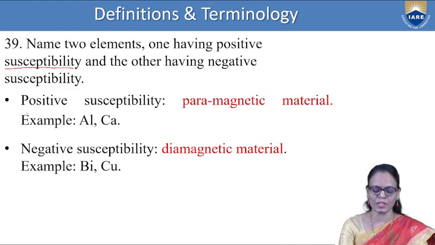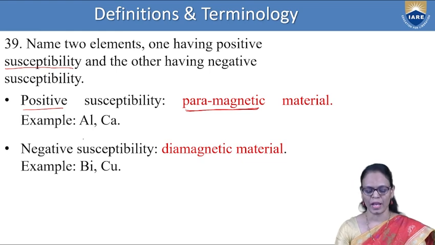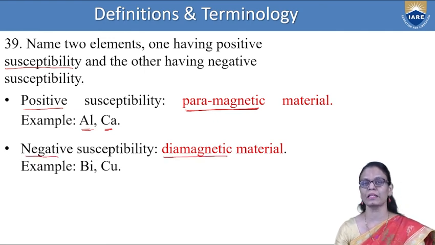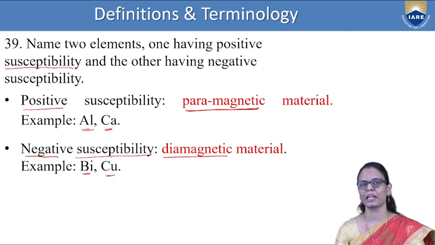Positive susceptibility is for paramagnetic materials which can be magnetized, for example aluminium and calcium. Negative susceptibility is for diamagnetic materials, which cannot be magnetized, for example bismuth and copper.